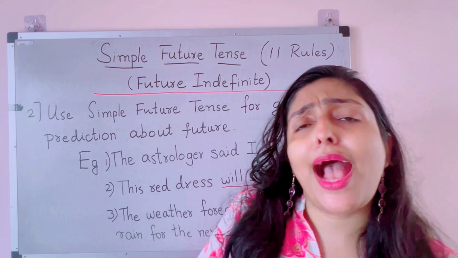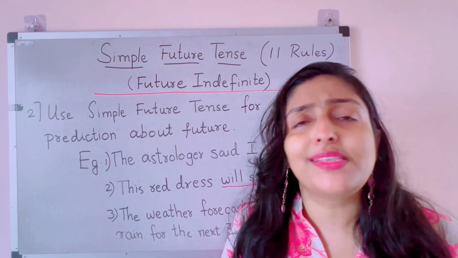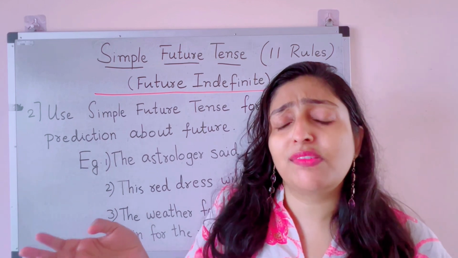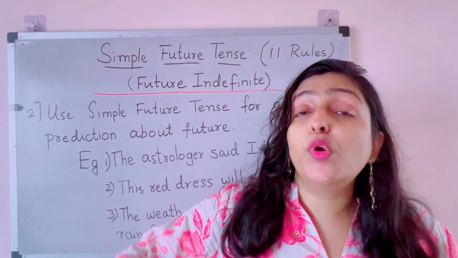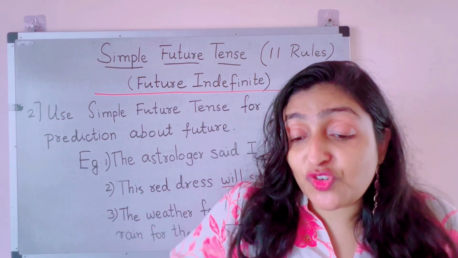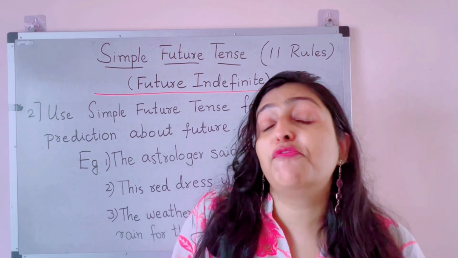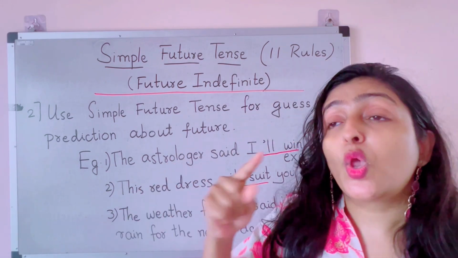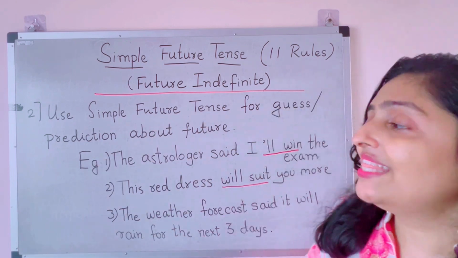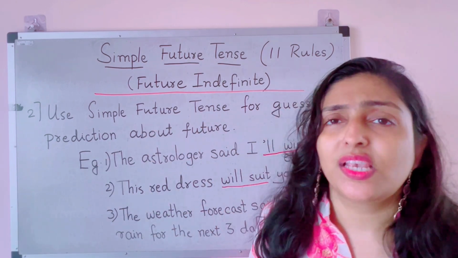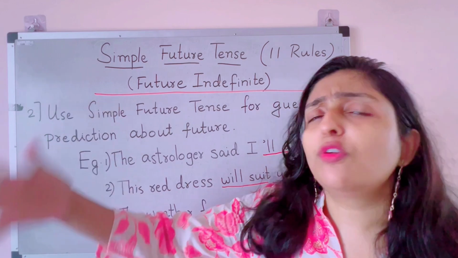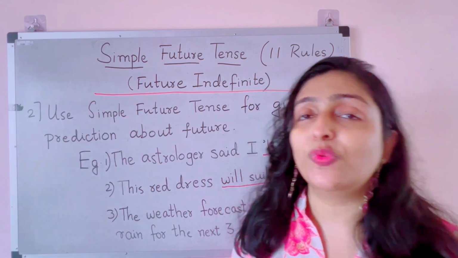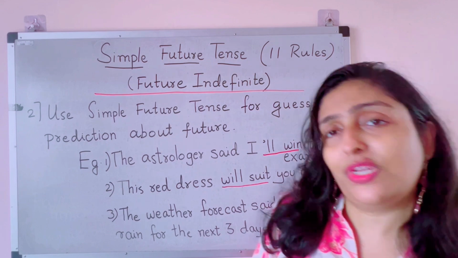So the other day I had to attend a birthday celebration and I asked the opinion of my sister which dress would grace me, which dress would be looking attractive for me. And she replied, "This red dress will suit you more than the white dress." So the action which is about to take place in the future, you can use simple future tense.